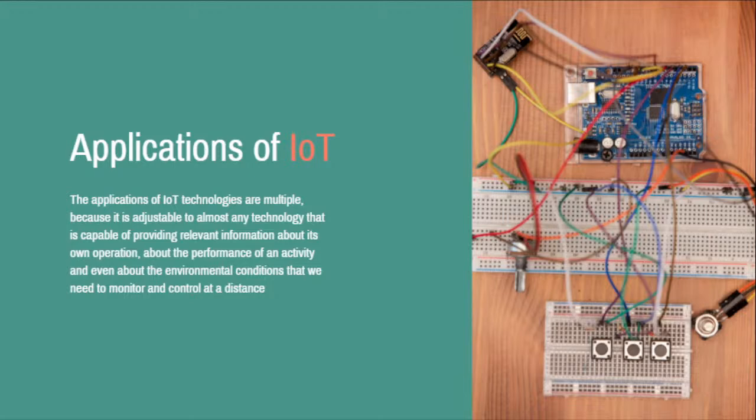The applications of IoT. IoT is not just limited to one or two places. IoT can be used in every field which you think of. Fields like industries, homes, even farming.